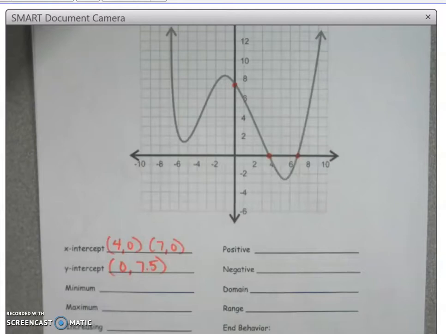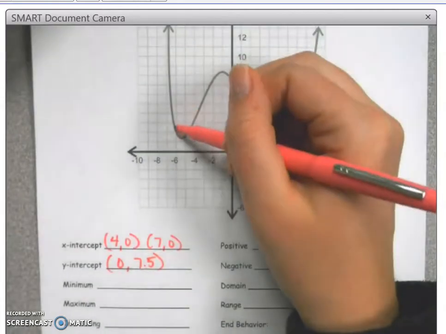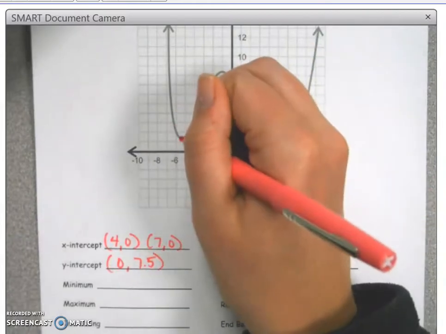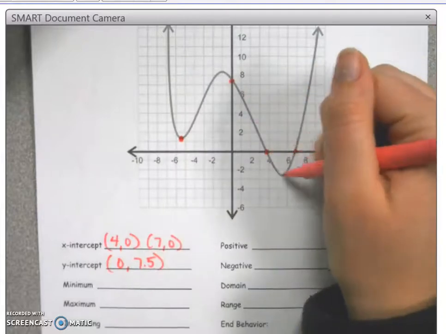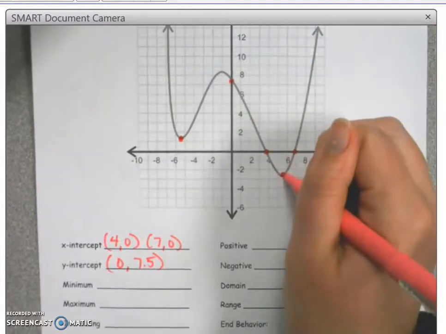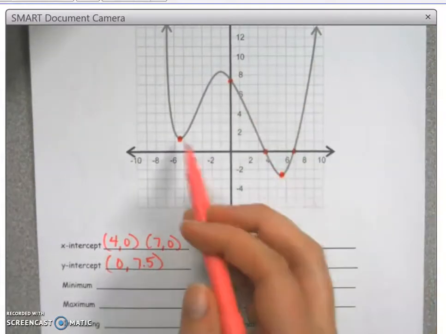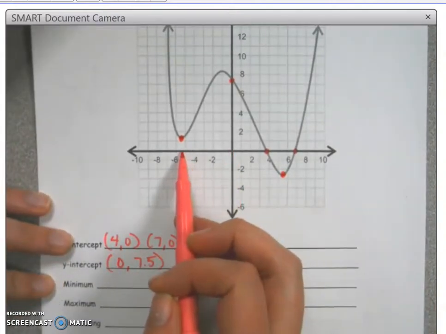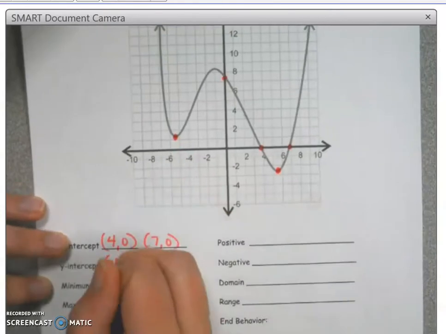My minimum, remember, we're looking at relative minimums. There are 2 spots where I go from decreasing to increasing. I was going down and I go up. That's here. And there's another one here. So I have 2 relative minimums. And unfortunately, these don't hit exact points. I had to get pretty close. This one's at -5.5 and 1.5.